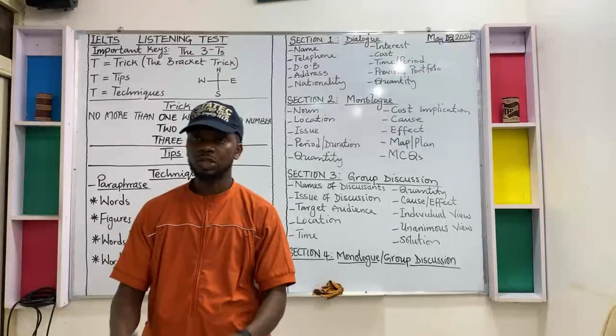But there are situations where the audio will say, pick any three correct answers from the list of options lettered A to E or A to G. The third answer can be G. But if the instruction says pick two correct answers from the list of options lettered A to D, that means the answer should come in order.